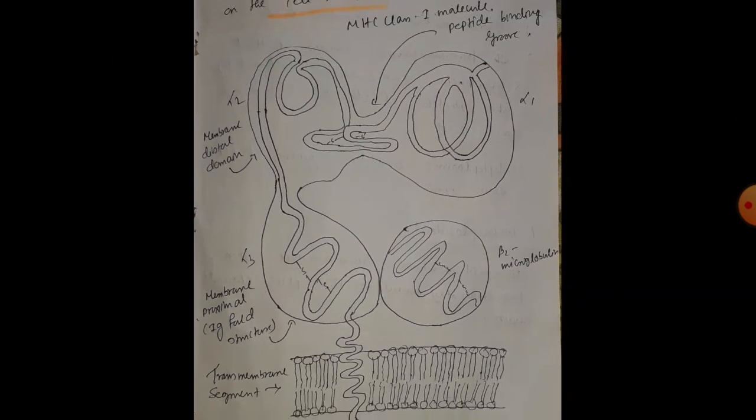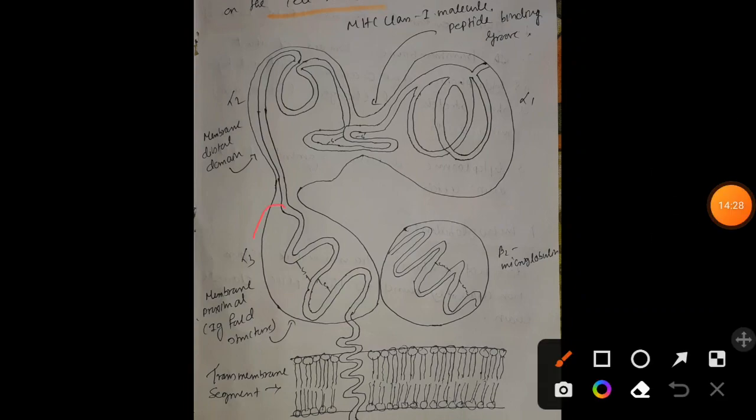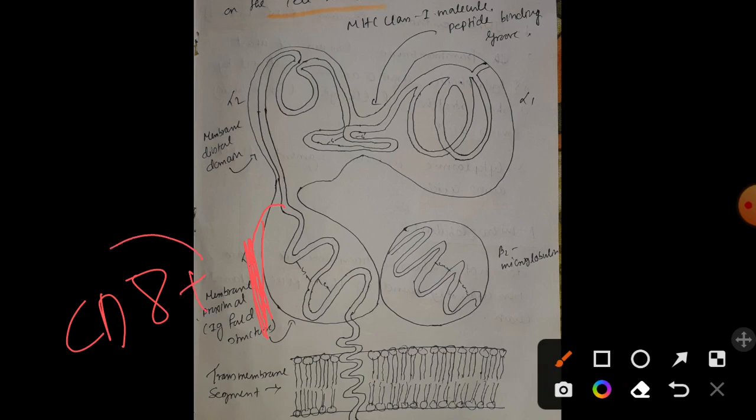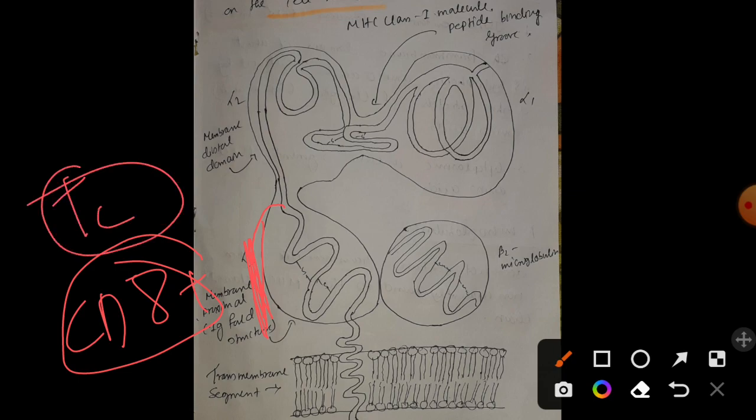Now how will they present? Remember, there is a special type of sequence present on alpha 3 that is going to recognize the CD8 plus protein, which is present on what? TC cell, right? And that is why I told you that alpha 3 is conserved. Try to feel it: if alpha 3 was not conserved, CD8 plus cell could not interact with it, right?